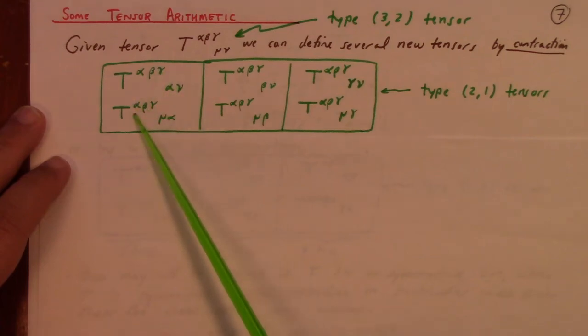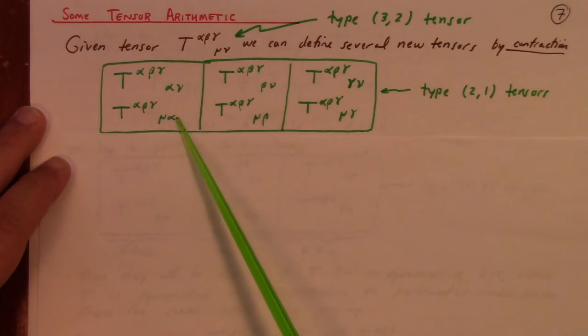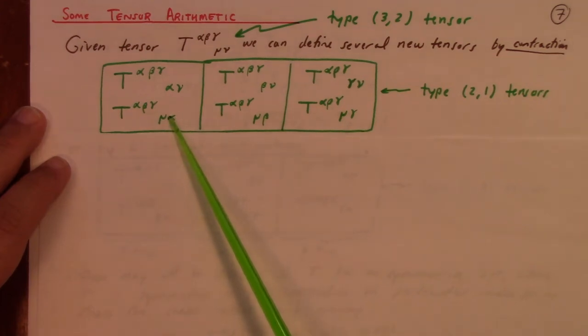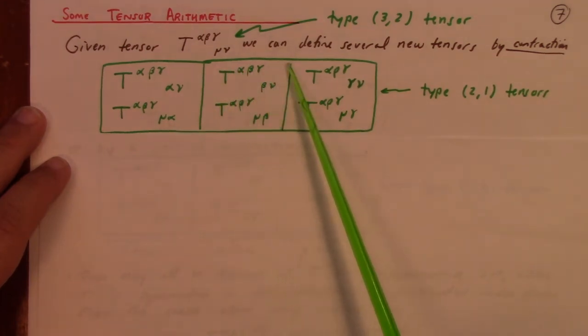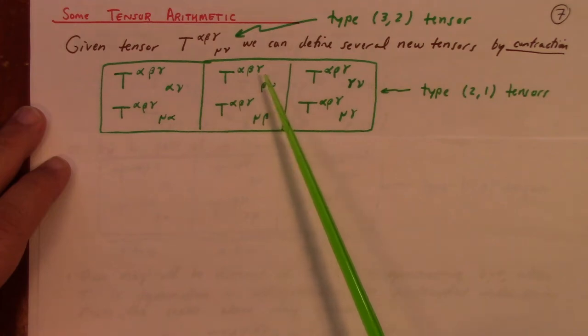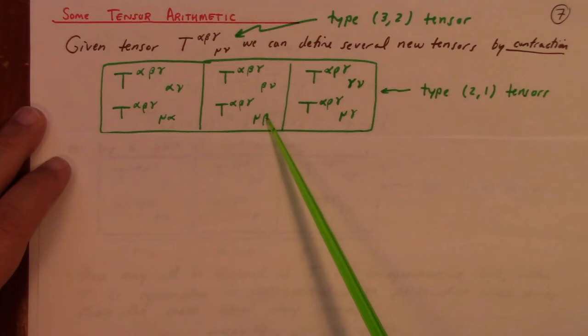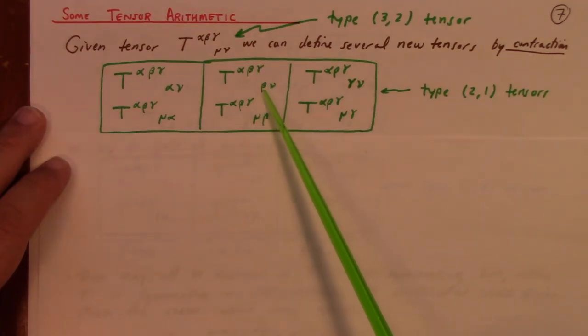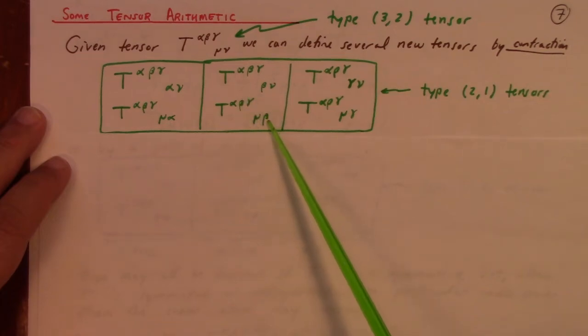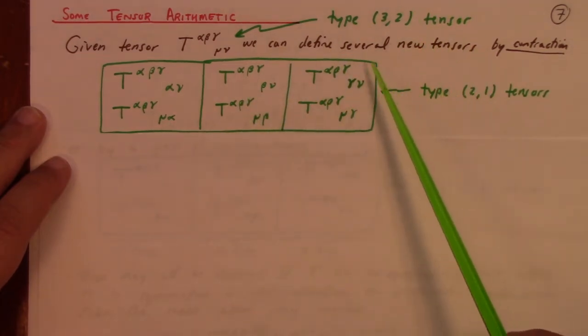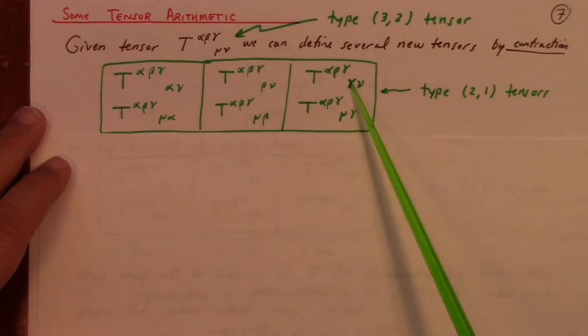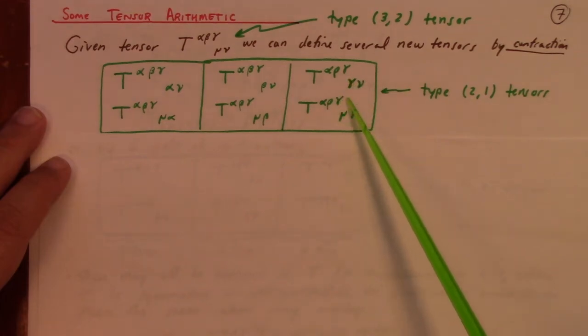And this time I'm summing over alpha, but I put alpha summed over the second lower index, right? This one I'm summing over beta on the first lower index, and now I'm summing over beta on the second lower. So basically the second upper index to the first lower index, the second upper index to the second lower index, and finally here I'm summing third upper index to first lower index, third upper index to second.